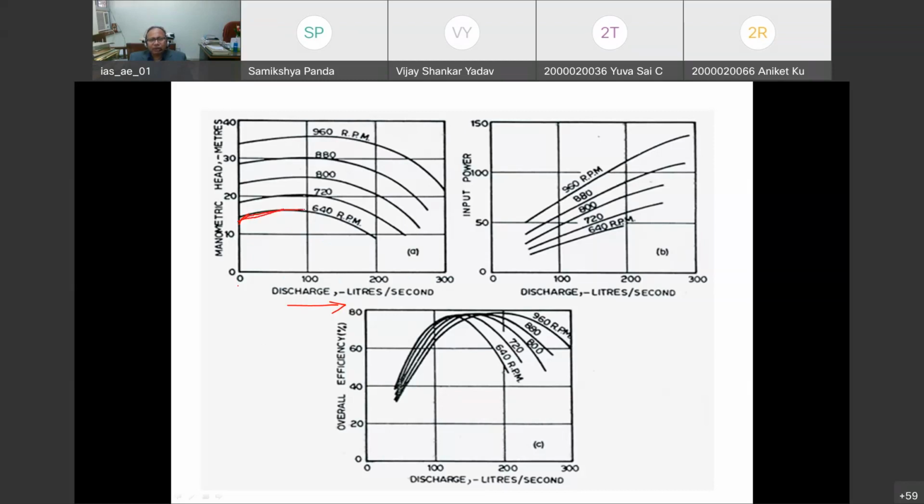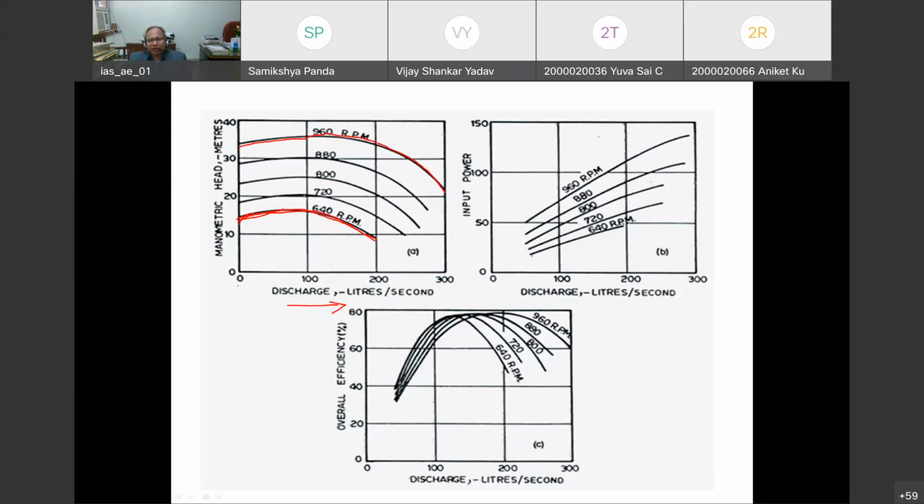But after a certain level, at a particular RPM, if you increase the discharge, your head will start decreasing. This manometric head will start decreasing. So this is the nature of the graph. Up to a certain stage, the discharge is increasing, but if you increase the discharge again, your manometric head will start decreasing. So this is one characteristic.